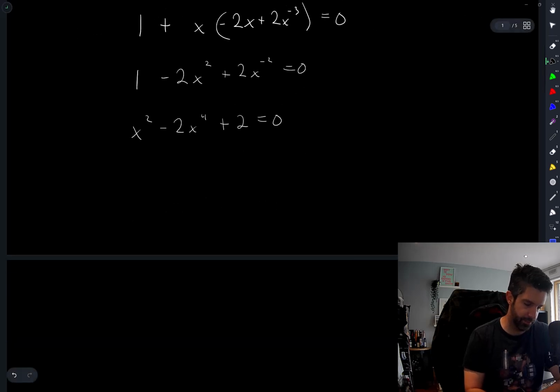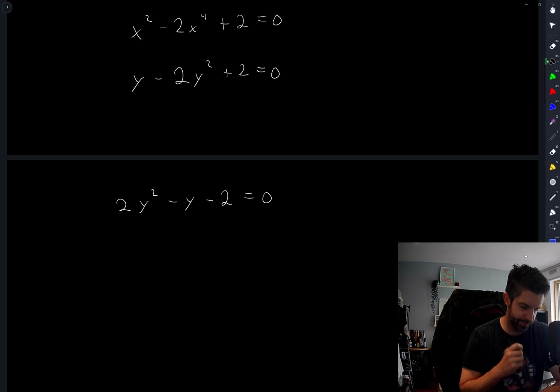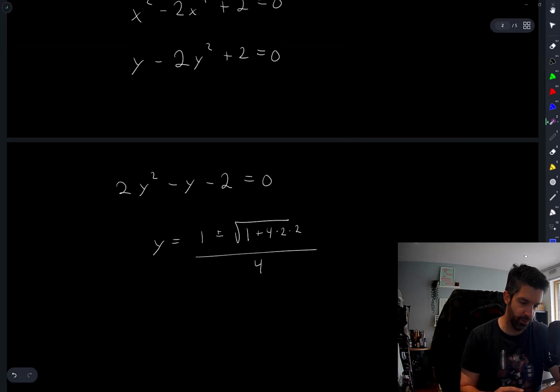So I've got y minus 2y squared plus 2 equal to 0, where y is equal to x squared.